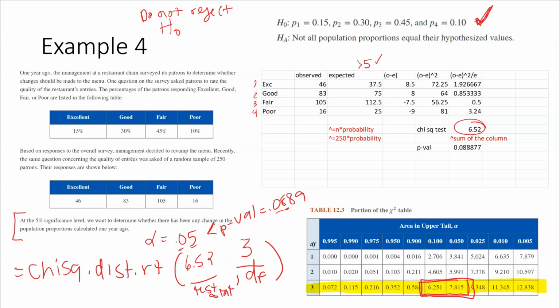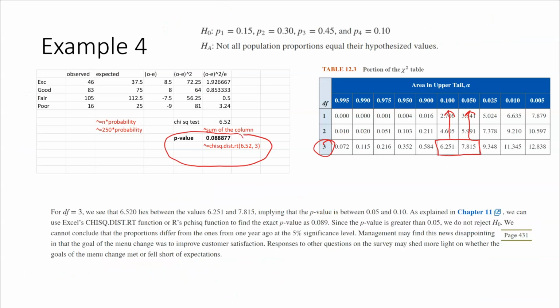So we know that our p-value here would be between 0.10 and 0.05, which it is, but we can get an exact value using Excel. So we're just going to use Excel, but that's how you use the table in case you wanted to know. And that's it written out for you if you want to take a moment to just recap here.